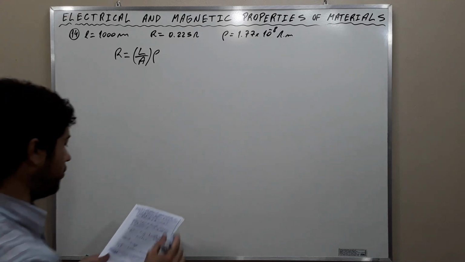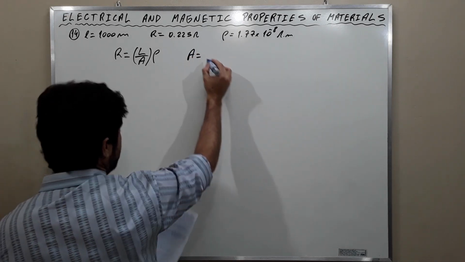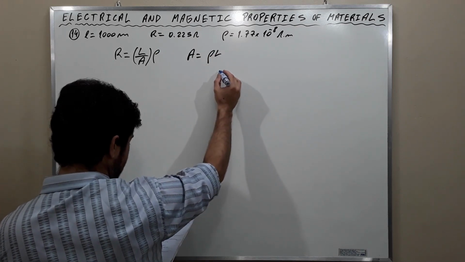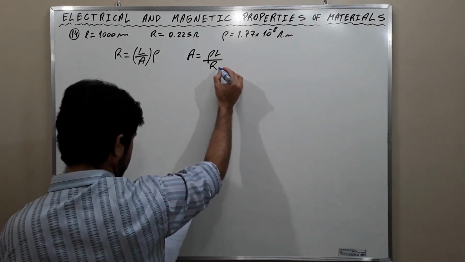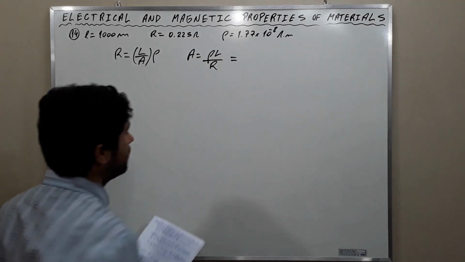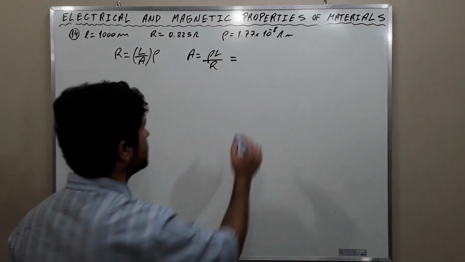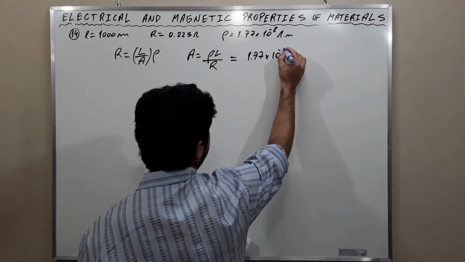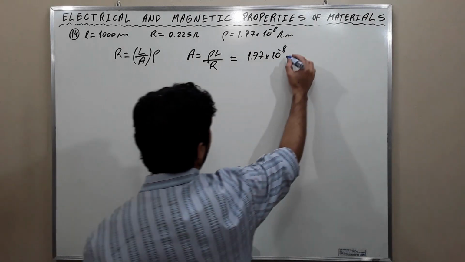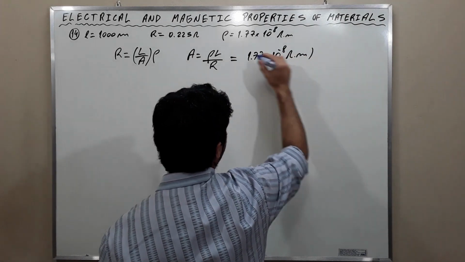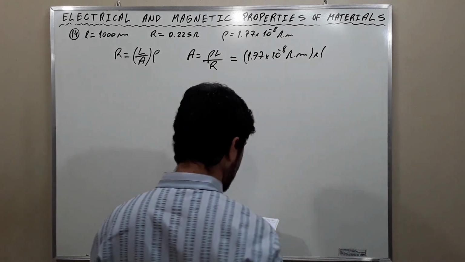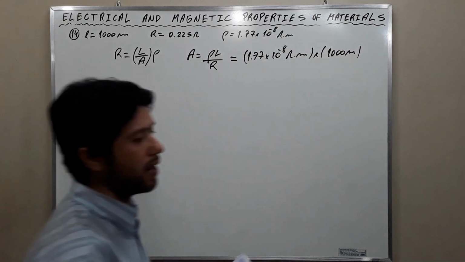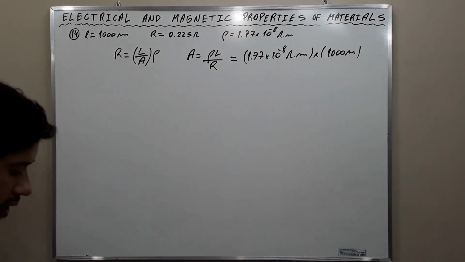With this expression, we find that the cross-sectional area is rho L over R. And this is 1.77 times 10 to the negative 8 ohm meter times 1,000 meters divided by the resistance.